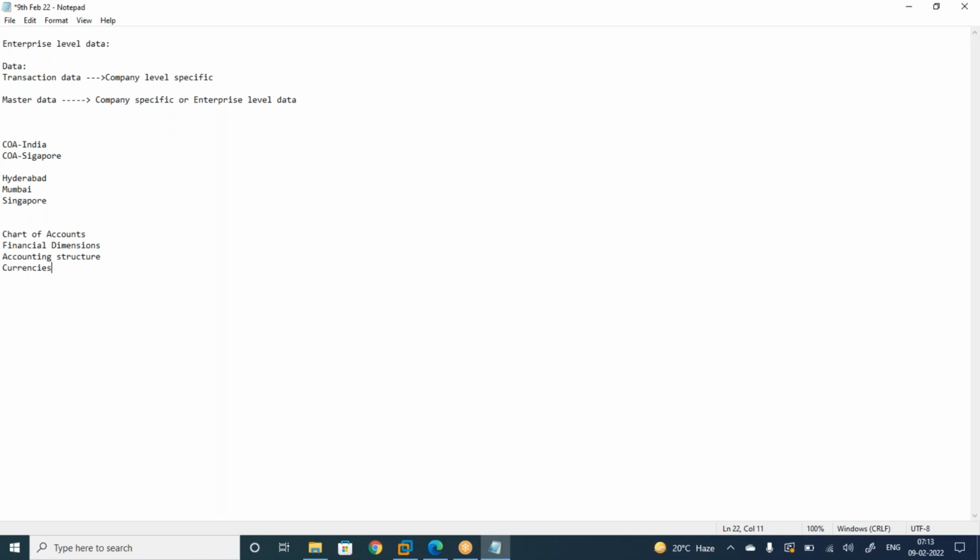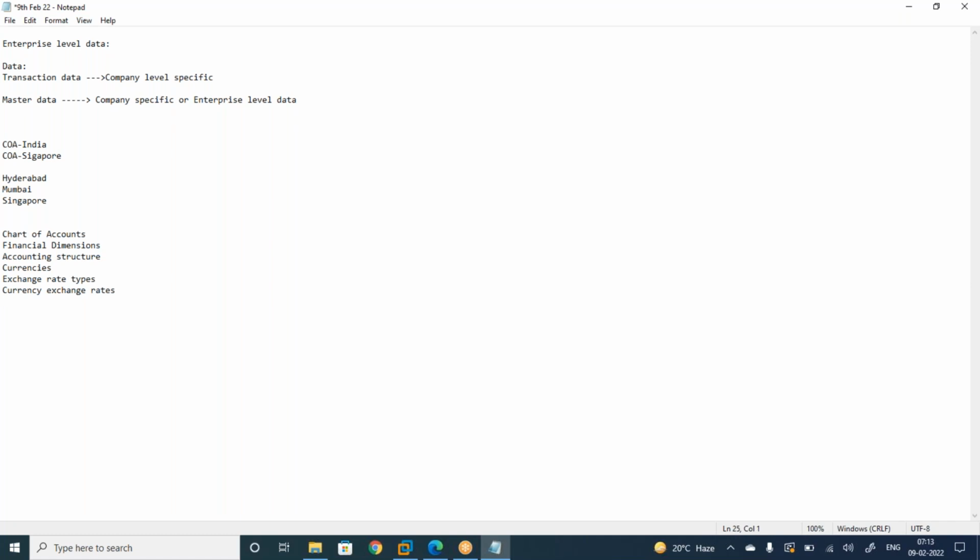Currencies is enterprise level data. Next, exchange rate types, currency exchange rates, enterprise level data.